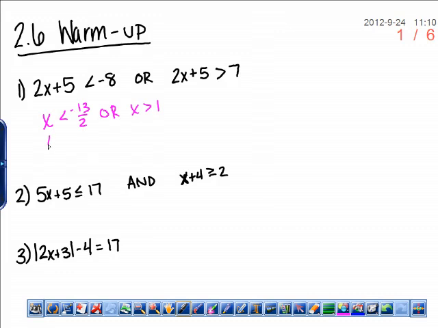If you wrote your answer as an interval, you should have negative infinity to negative 13 halves, union 1 to infinity. Are there any questions on number 1?